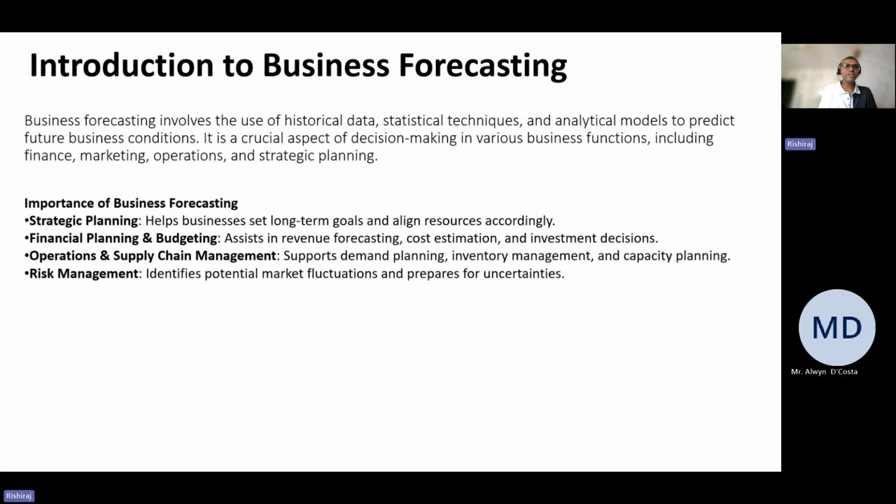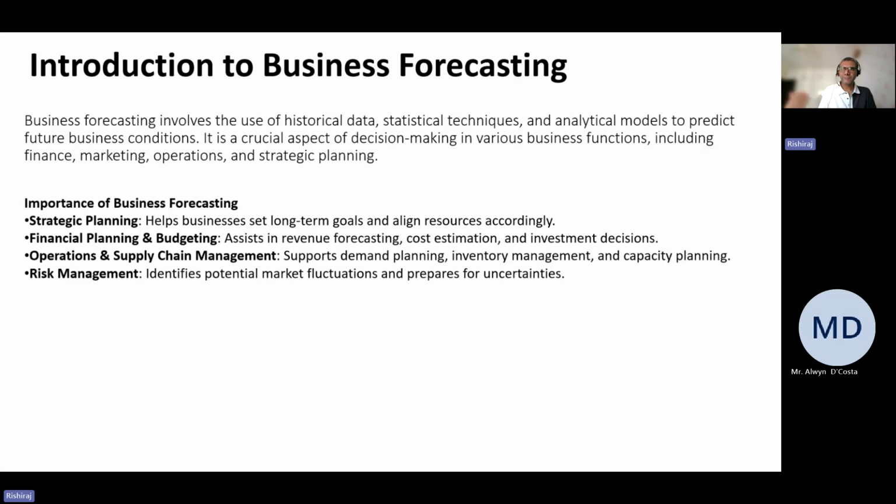It helps in operations and supply chain management. It supports demand planning, inventory management, capacity planning for warehouses and for the entire supply chain, to be very specific. It helps us to predict customer satisfaction in terms of delivery times, failed deliveries, and perfect deliveries.